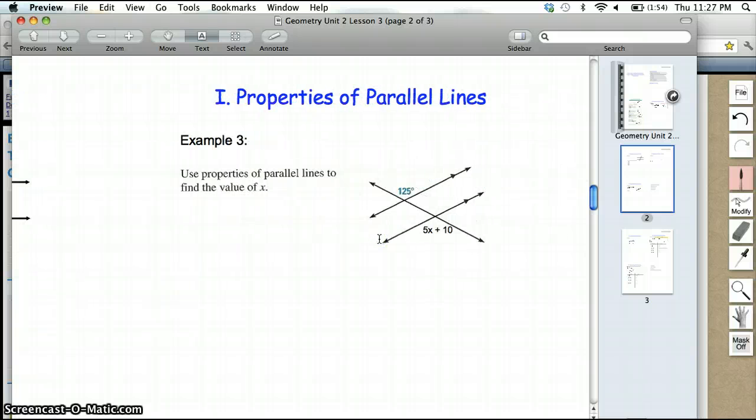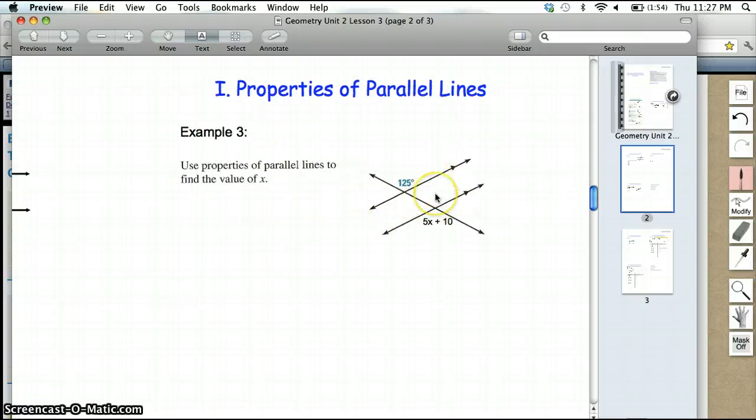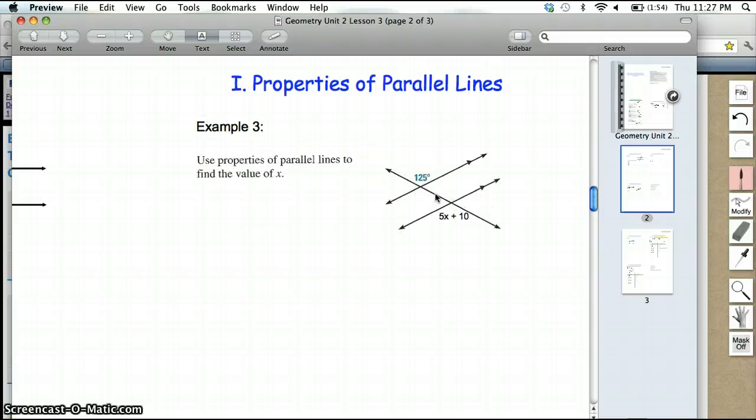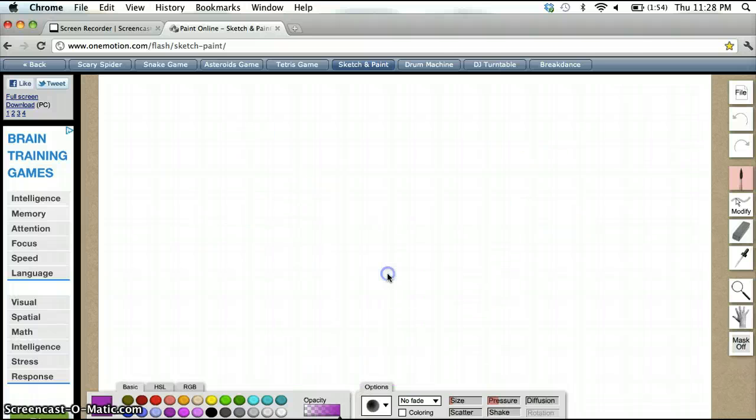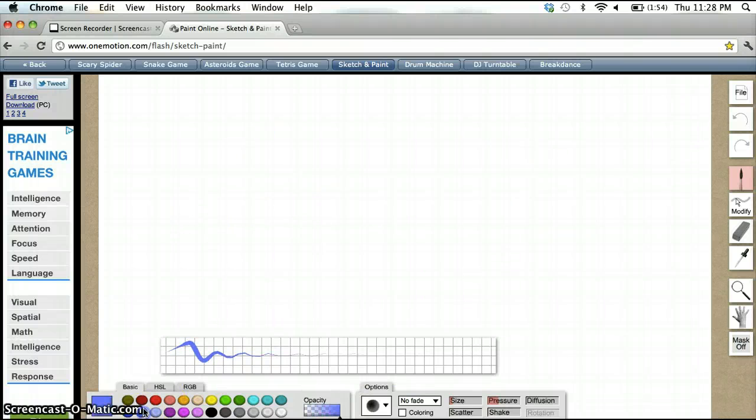Now let's look at example number 3. We're getting a little bit harder here because we're not just naming angles. We need to use the properties of parallel lines to find the value of x. So again, we've got two parallel lines and a transversal.